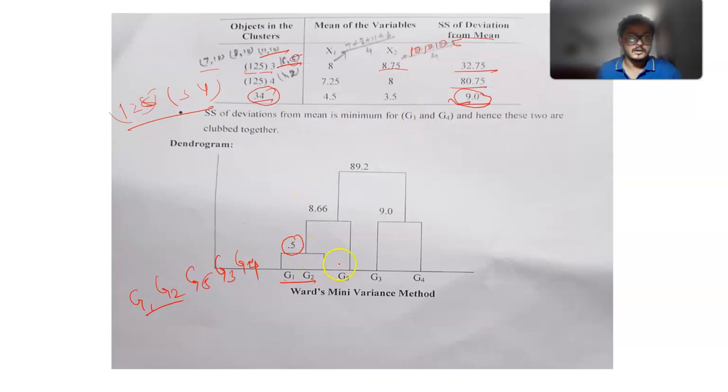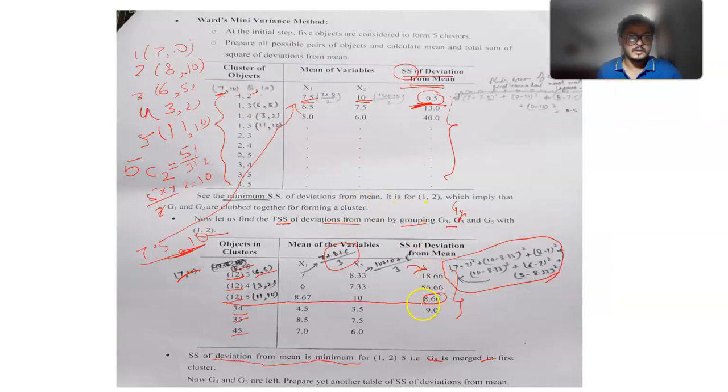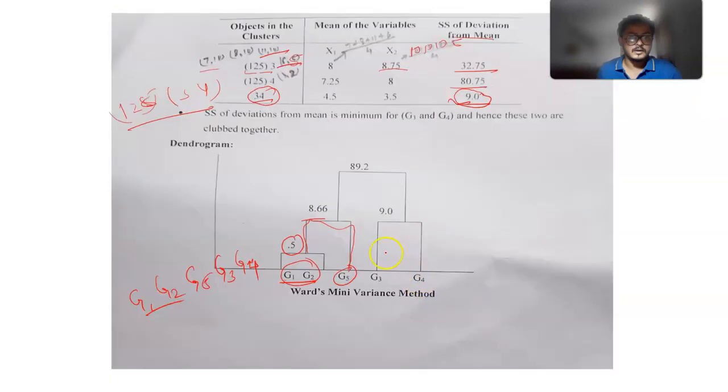Then G1, G2 combined with G5, and we saw that 8.66 was the minimum deviation. Then for 3, 4, the deviation value was 9.0.